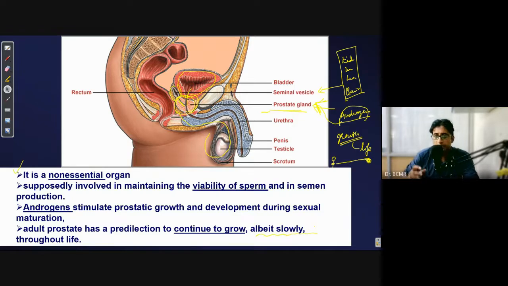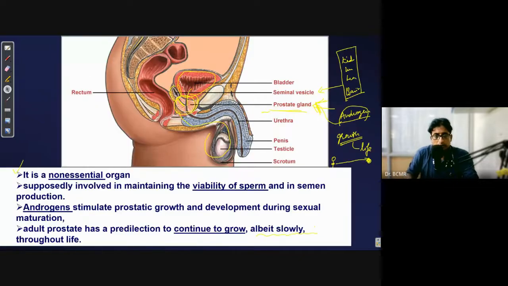There are many other factors in the way the prostate gland is influenced by these androgens. Androgens are sexual hormones like testosterone, for example, which can induce the growth of the prostate gland.